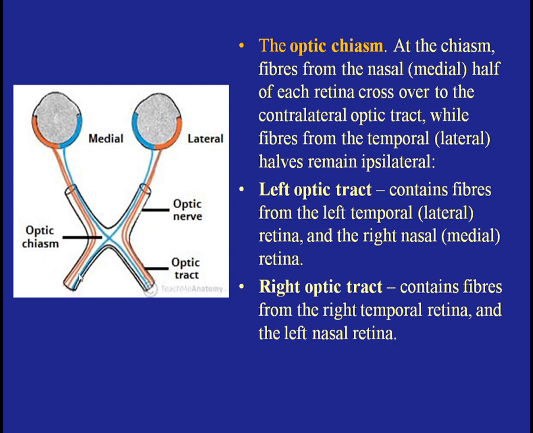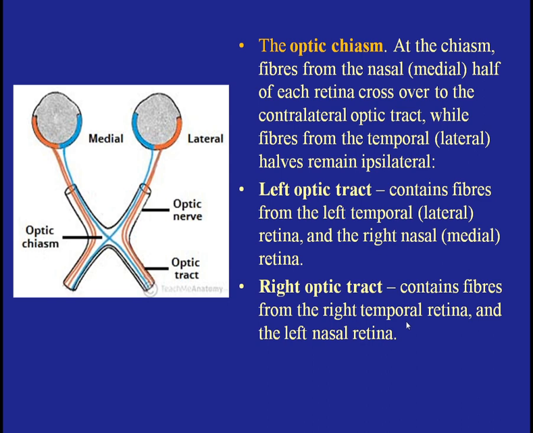But after partial decussation of only the medial halves of fibers in the chiasm, the left optic tract contains fibers from the left temporal lateral retina and the right nasal medial retina, and the right optic tract contains fibers from the right temporal retina and the left nasal retina.